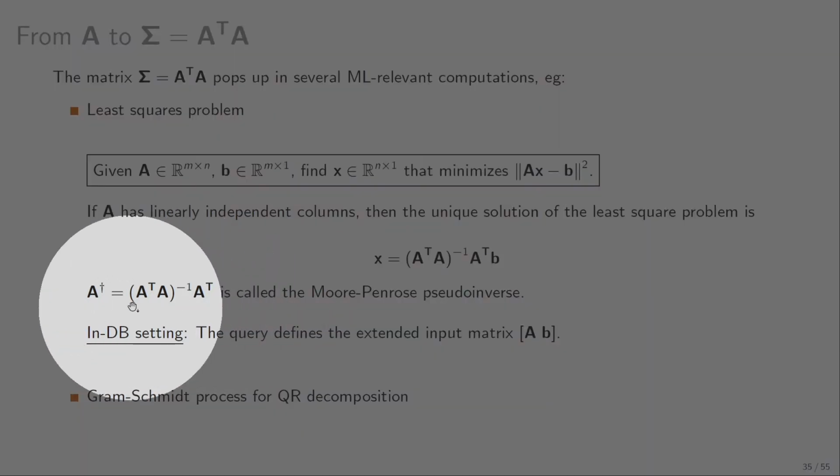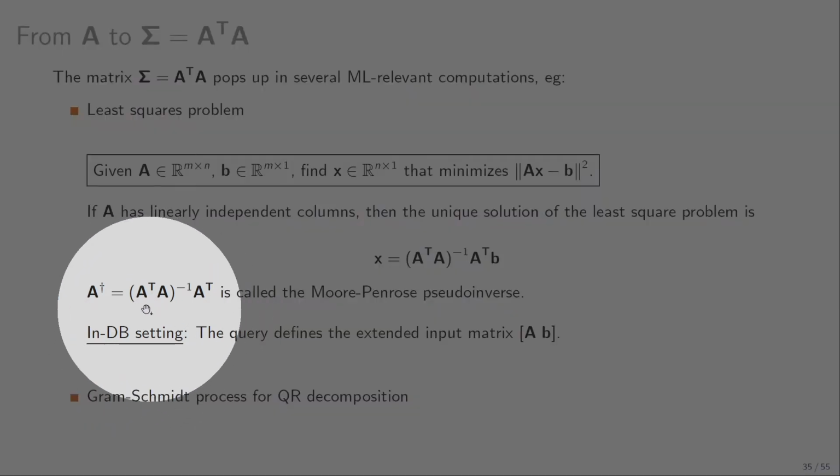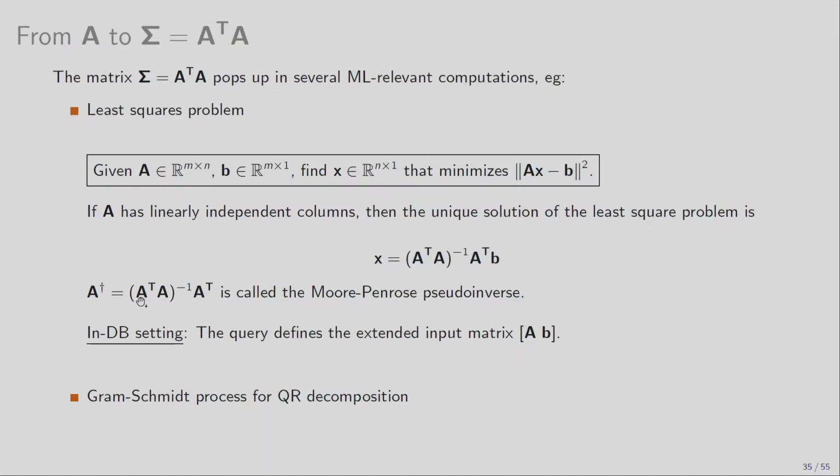So if we can compute this sigma without actually looking at A, and we use, let's say, Cholesky decomposition of it, which will take time cubic in the number of features and not in M, the size of the query result, we actually gain something here, right?